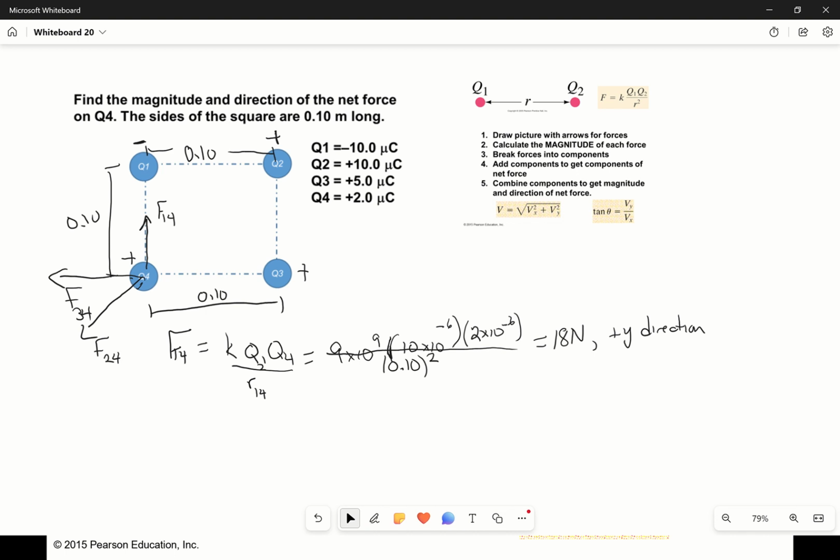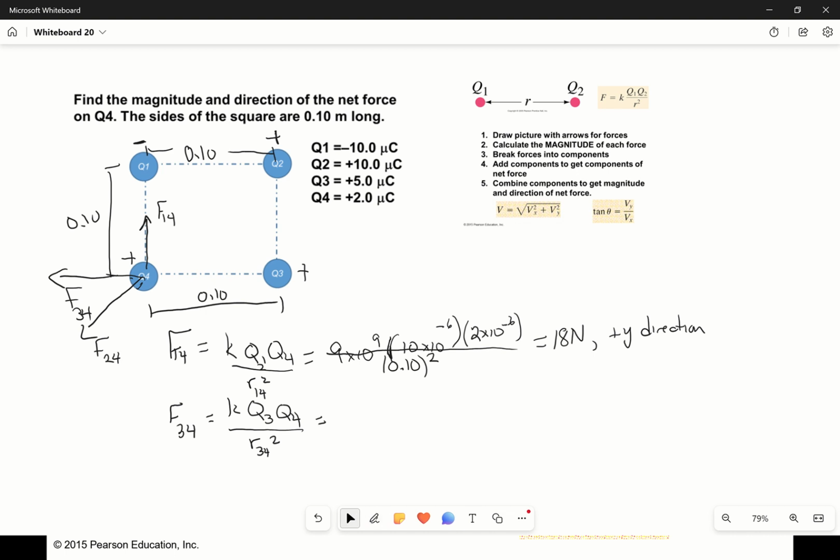Okay. Now I can do the same thing for the force between, let's do it between 3 and 4. That's an easy one because it's right along the edge. So I'm going to have K Q3 Q4 over the distance between R3 and R4 squared.